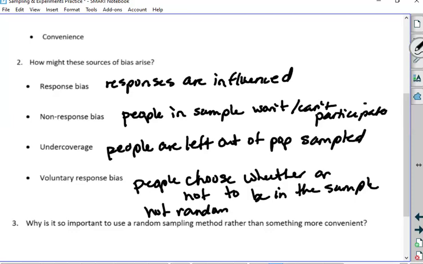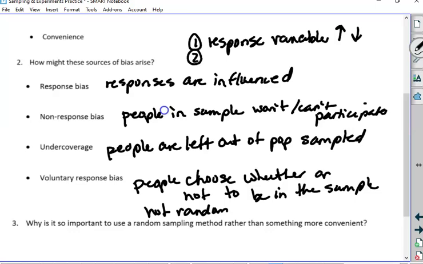So when you talk about bias, you need to talk about whether it causes the response variable to go up or to go down. Whatever this bias is, what's it going to do to the response variable? What happens to the response variable as a result of this bias, and why?